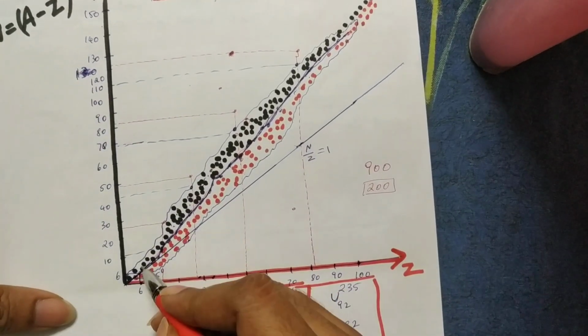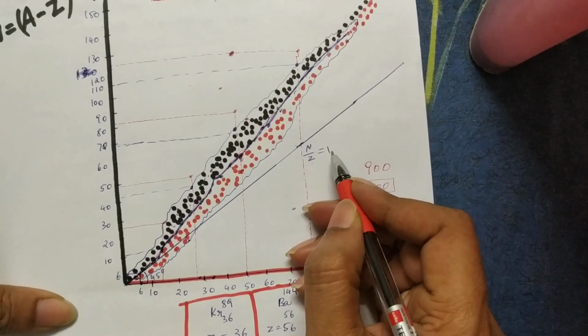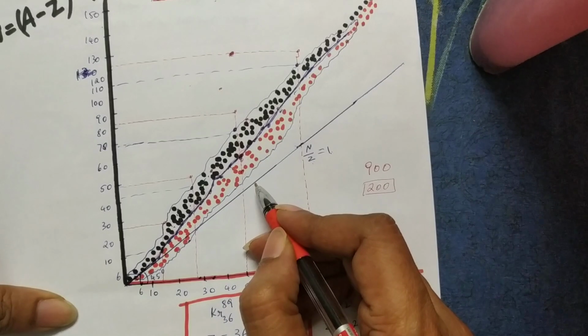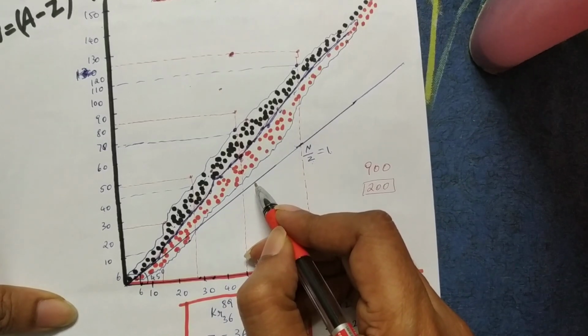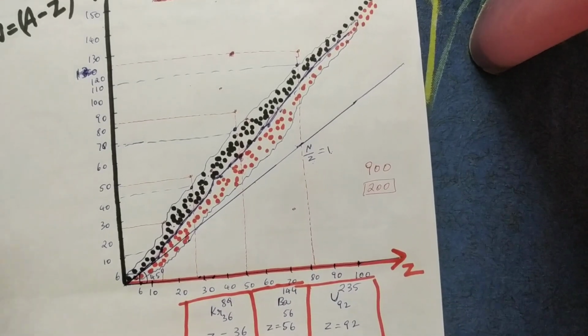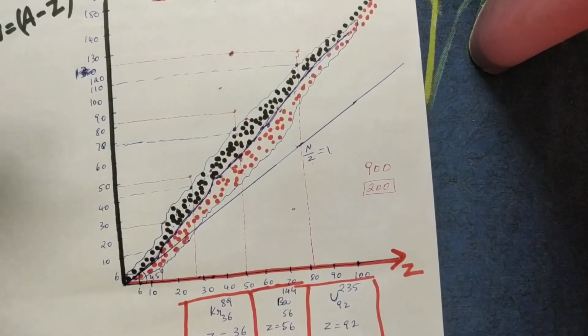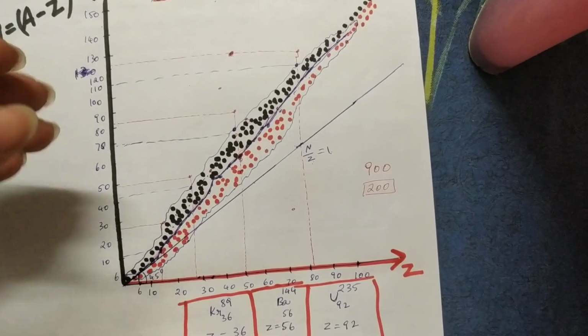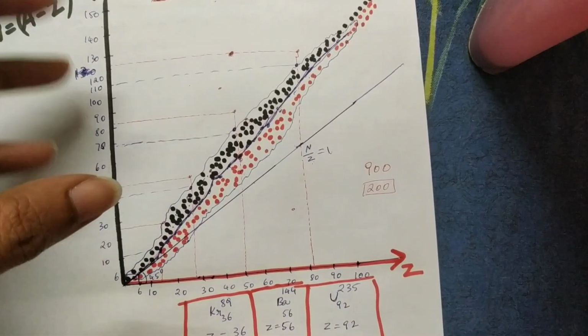You see here one line, that is N equal to Z. N by Z is equal to 1. That means on this line the number of protons and the number of neutrons are equal. For some elements below 20, if you observe, He-4 has 2 protons and 2 neutrons, N-14 has 7 protons and 7 neutrons, and O-16 has 8 protons and 8 neutrons.